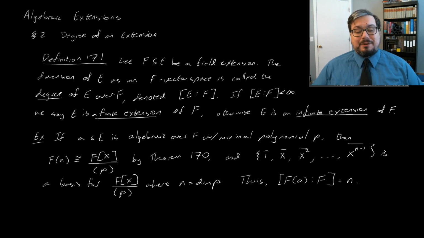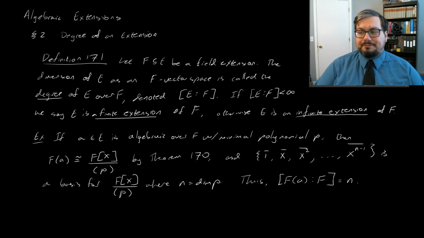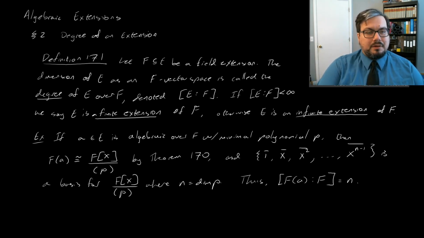And in particular, if we have that an element a is the root of some polynomial of degree n, then the degree of that extension is less than or equal to the degree of that polynomial.